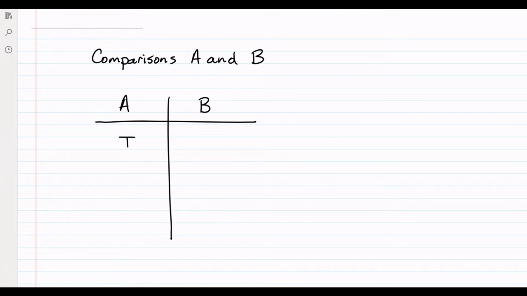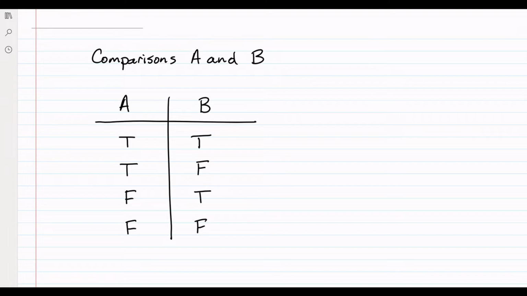Right. So if A was true, B was true, and then A is true, B is false, A is false, B is true, or they're both false. Okay.